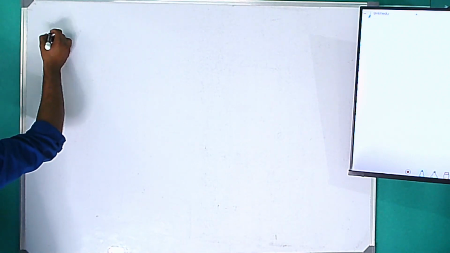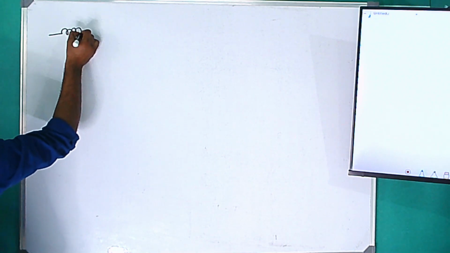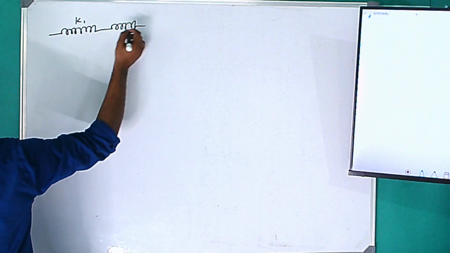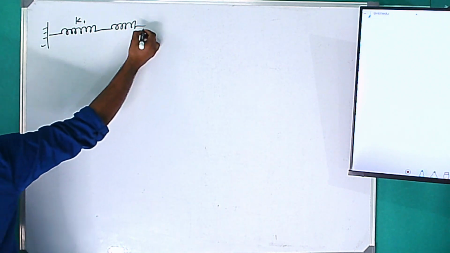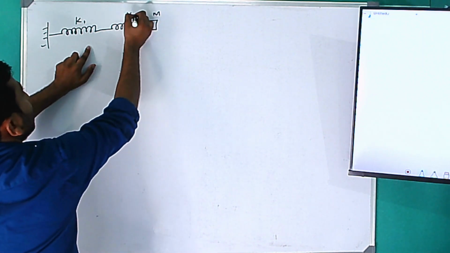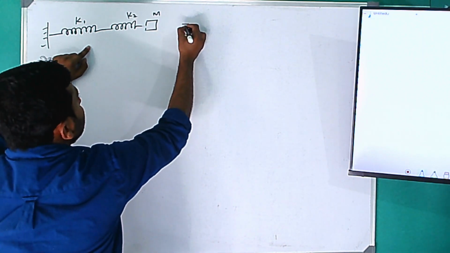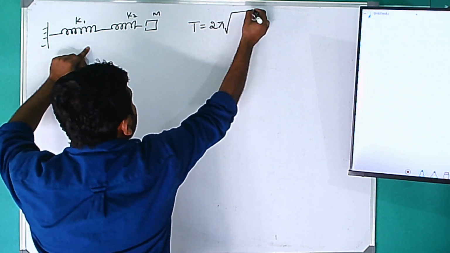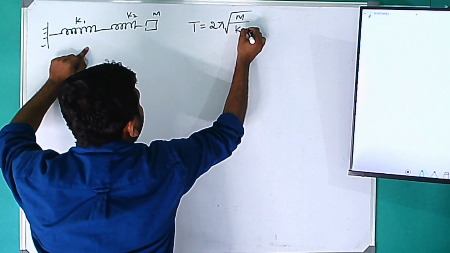If two springs of spring constants k1 and k2, so let me consider two springs of spring constant k1 and k2, then the time period of this system will be T is equal to 2 pi square root of m divided by k equivalent.